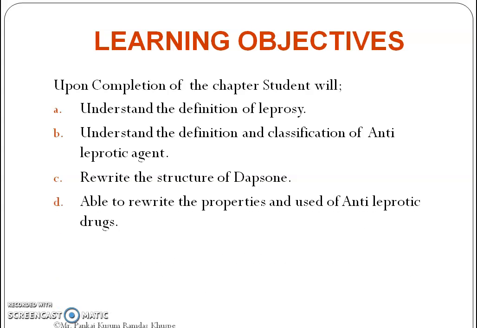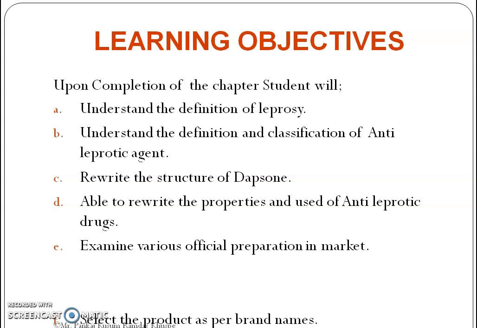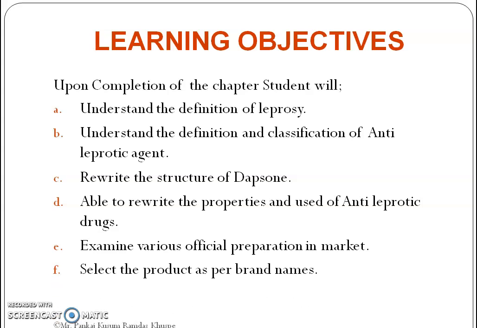Also, the student will be able to rewrite the properties and uses of anti-leprotic drugs. With this, the student will also be able to examine the various official preparations of anti-leprotic drugs in the market, and select products of various brand names which are used as anti-leprotic drugs. So these are the learning outcomes of this chapter.